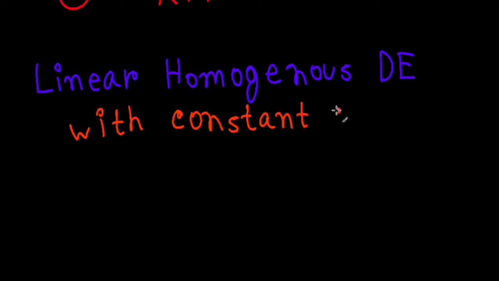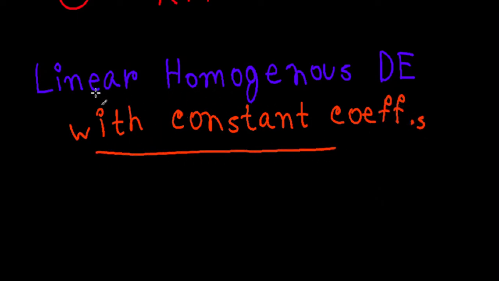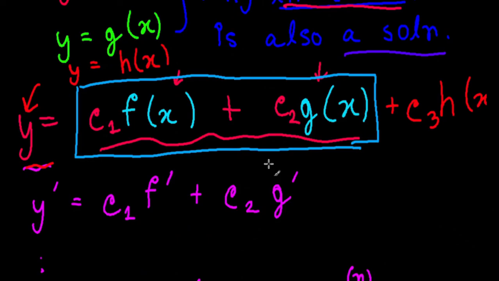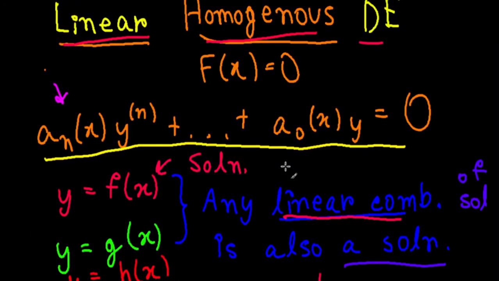So constant coefficients. You might wonder what that means. It's really just what the name implies. It has to be a linear homogeneous differential equation, and the constant coefficient part just says that these coefficients of the derivatives of y, these functions of x, are actually just constants.